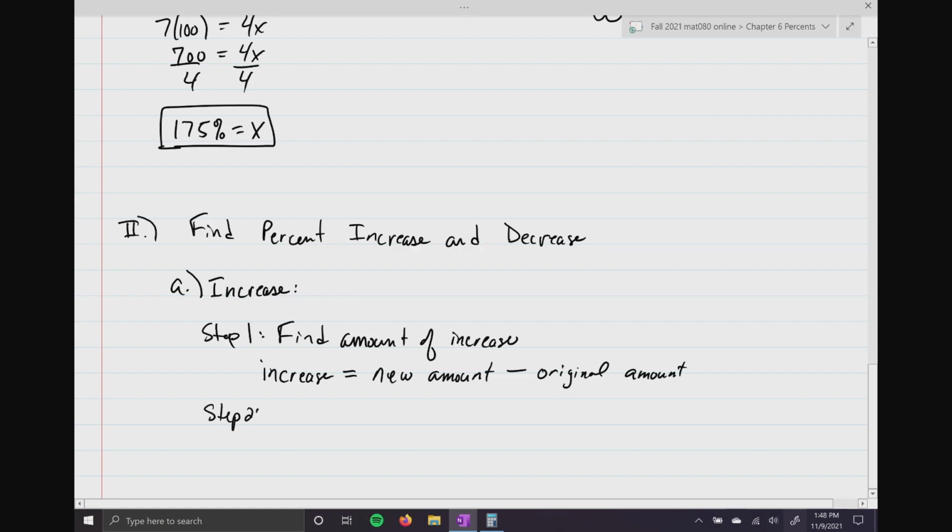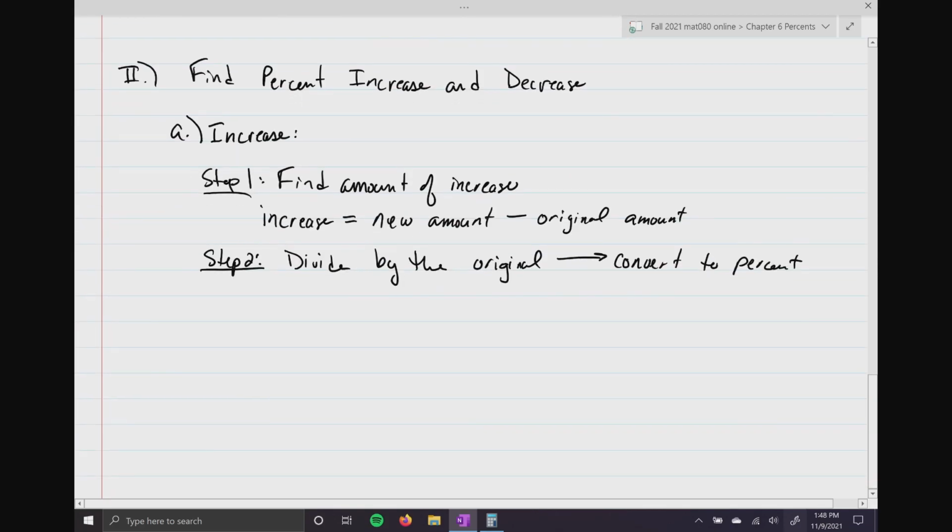And then step 2, you're going to divide by the original amount and convert to percent. All right? Now, it may look like a lot, but it's not. It's really easy. Okay?